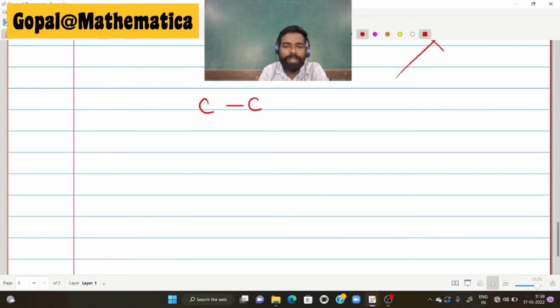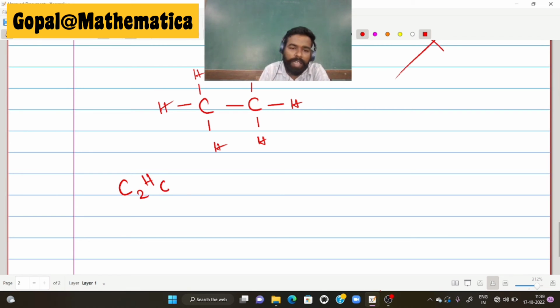So if I have two carbons and I place the bonds, see, this carbon is having four single bonds, this carbon is also having four single bonds. If I place hydrogen at the end of all the bonds, you see that we get C2H6.